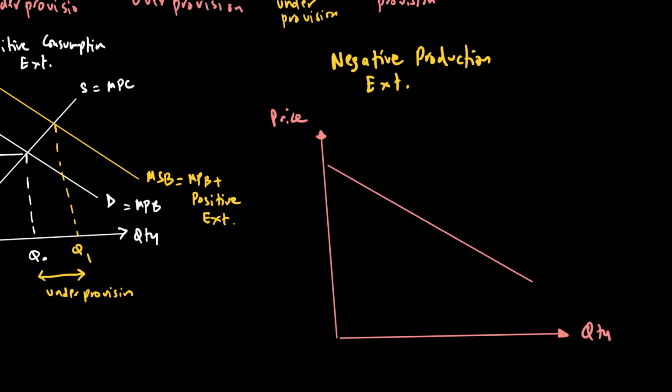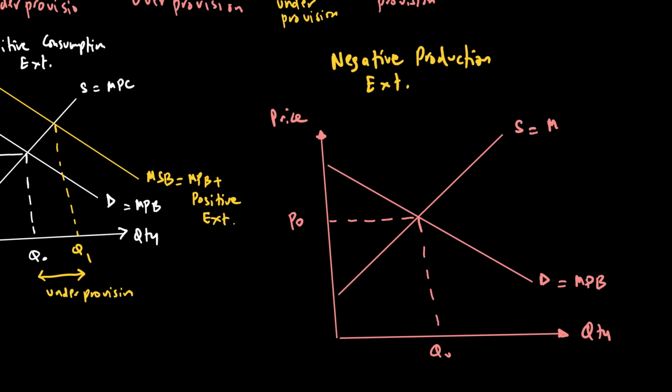So let's say demand and supply is like this. Price is P naught, quantity is Q naught, right? Demand is my marginal private benefit, supply is my marginal private cost.